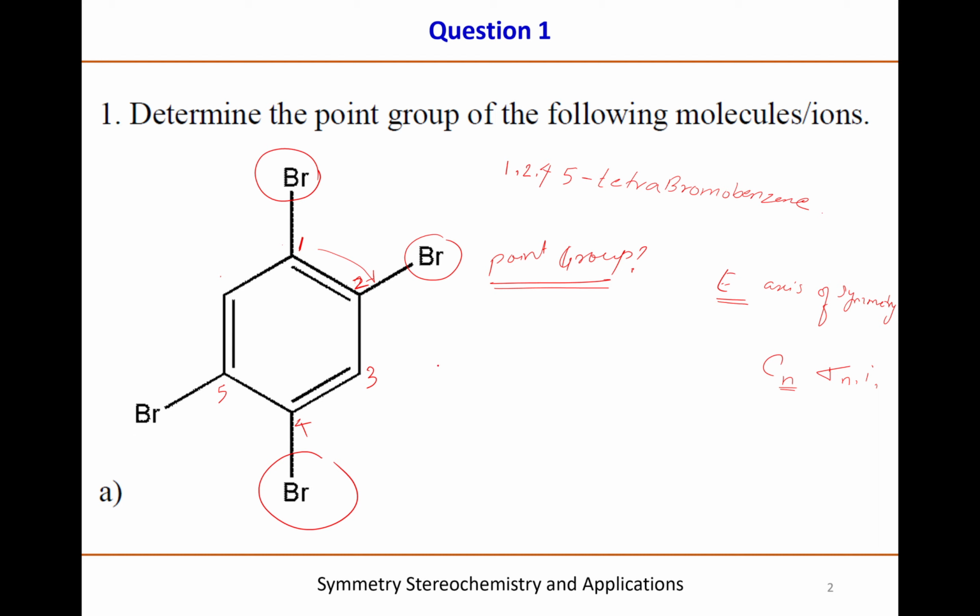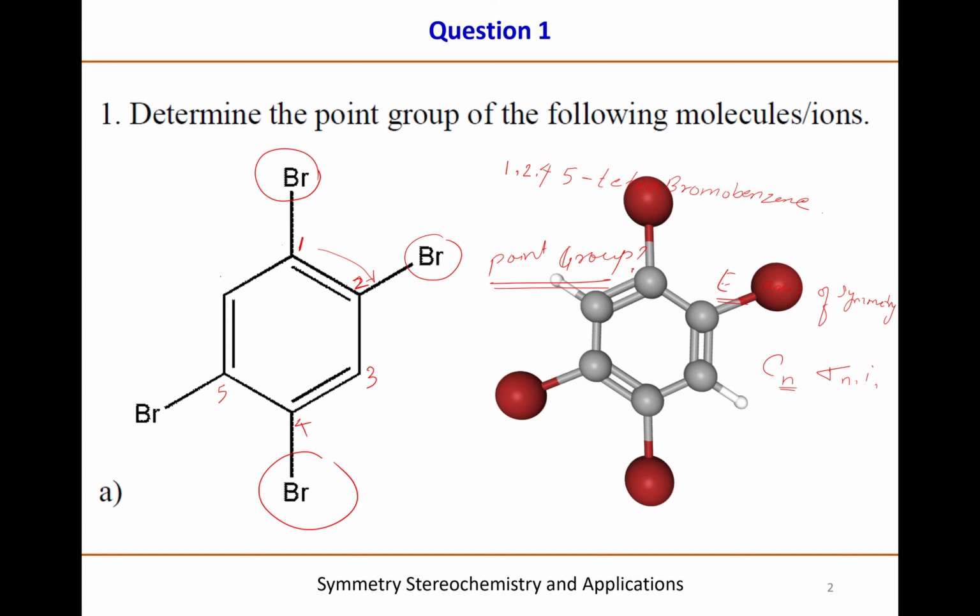So in this molecule, now let's start finding this molecule's point group. Here you can see that the molecule has this structure in 3D, right? Are you agree with me? This is the 3D structure. Now in this 3D structure, you can see that this red atom is bromine and this is our benzene ring.